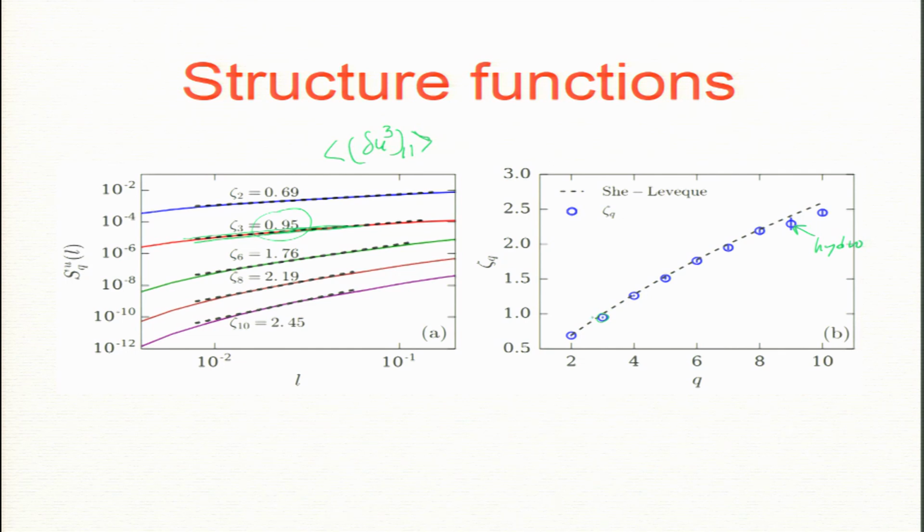But you see RBC also fitting very well with the She-Leveque model. That means this structure function is telling us that hydrodynamic turbulence and thermal convection are similar in the property of turbulence, I mean basically in the same lines. Pressure gradient is driving the flow.